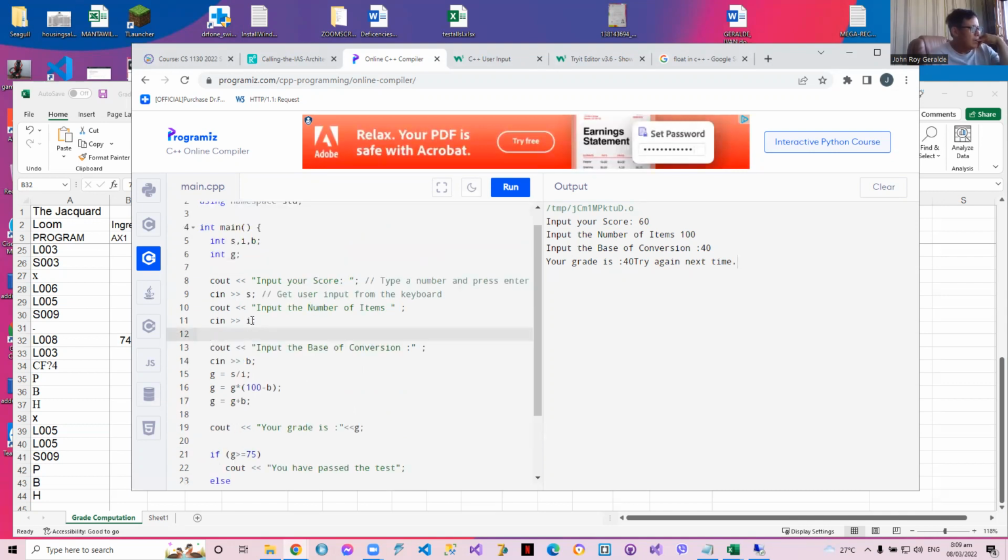Score over items, right? So anyway, I'll figure this out later.